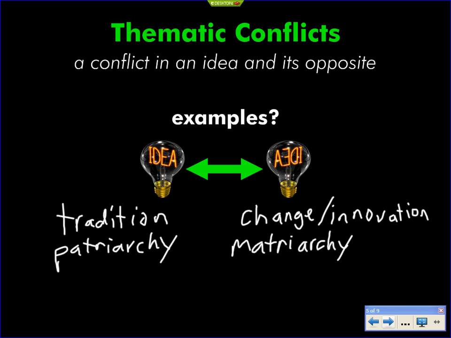Midsummer Night's Dream people, you are anticipating another conflict, another personal conflict in your play that also develops this thematic conflict. Do you know which one I'm talking about? You've read a summary of the entire play. Which other personal conflict will bring to mind patriarchy versus matriarchy? Oberon and Titania.